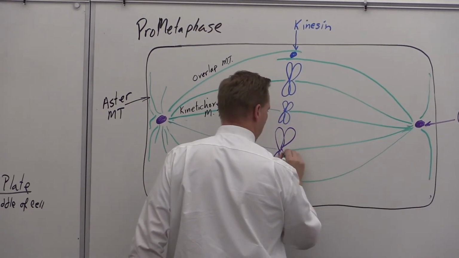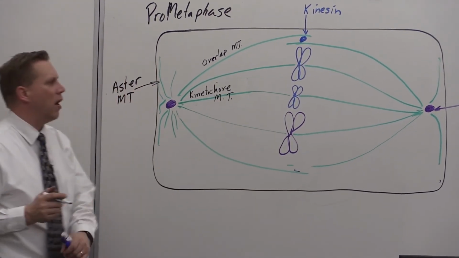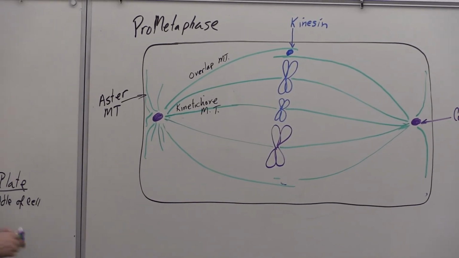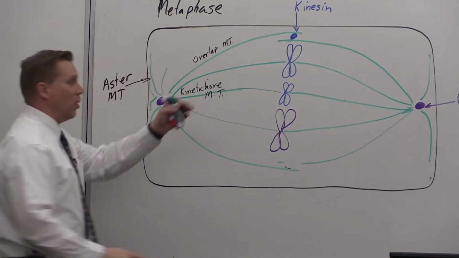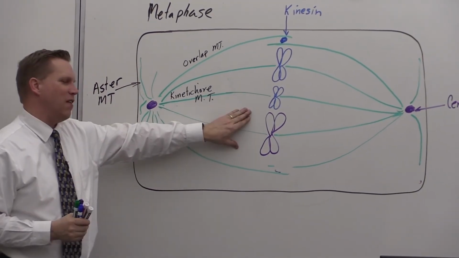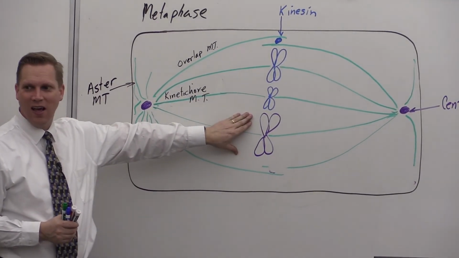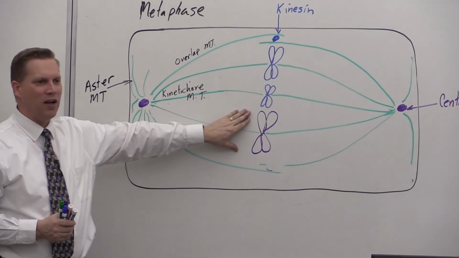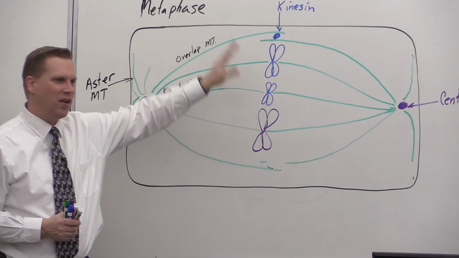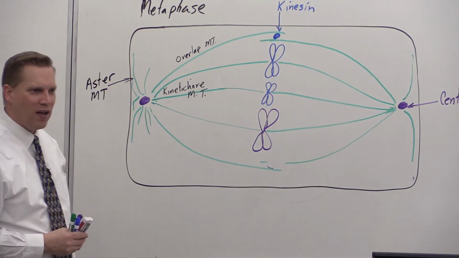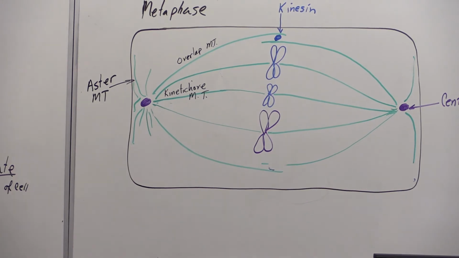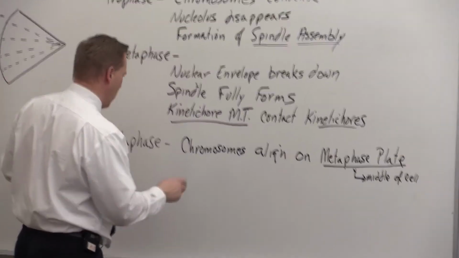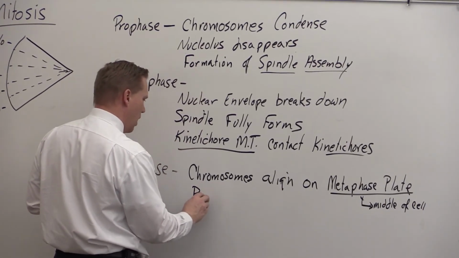But they're all aligned right along the metaphase plate now. And so this would actually be then metaphase. And this is what you look at. And it's really easy to identify. This is what you often see in cells when you're looking under a microscope at rapidly dividing cells. You'll be easily able to identify a cell in metaphase because you'll see the chromosomes are all just lined up right along the middle.